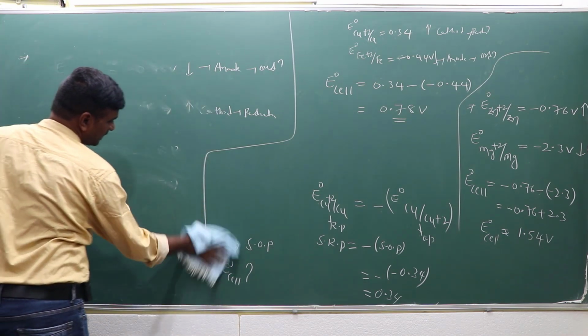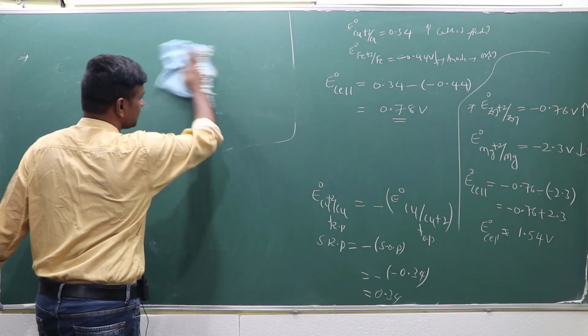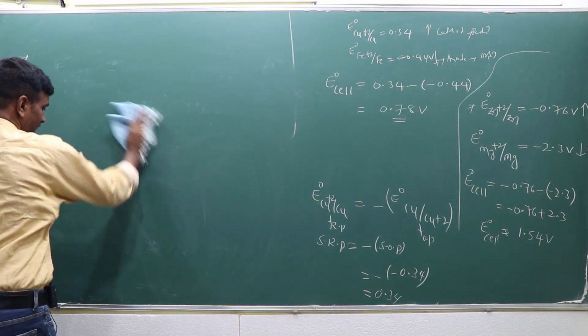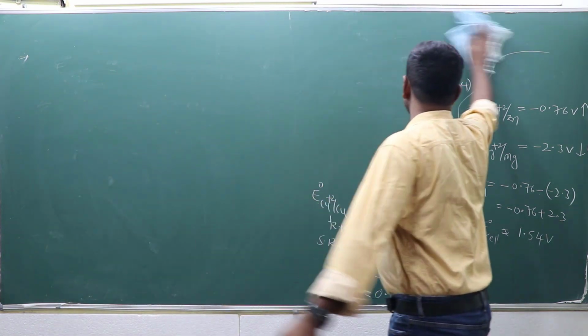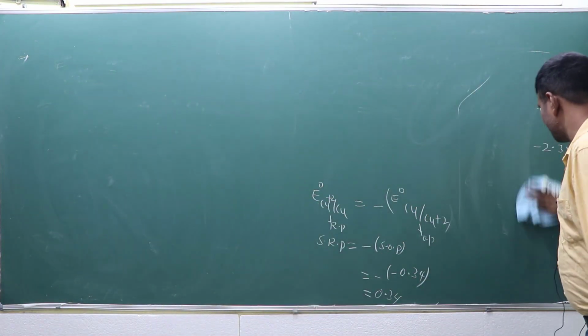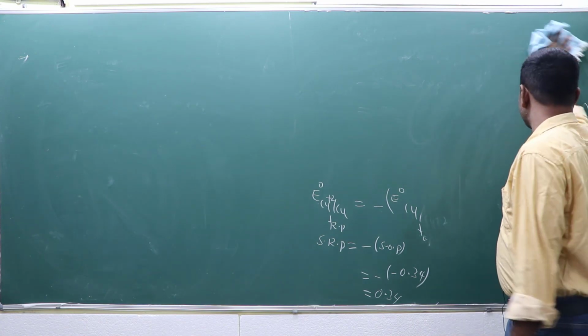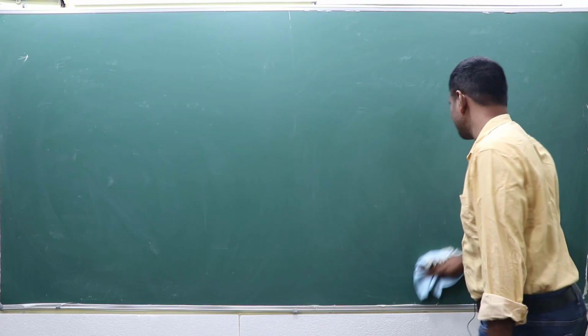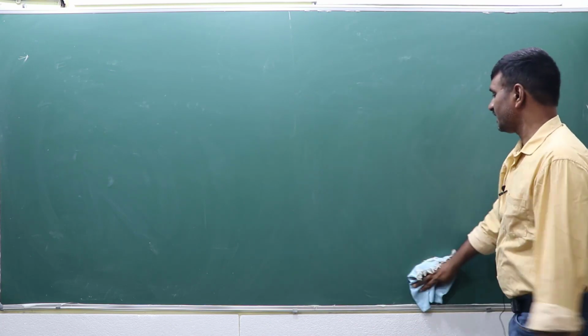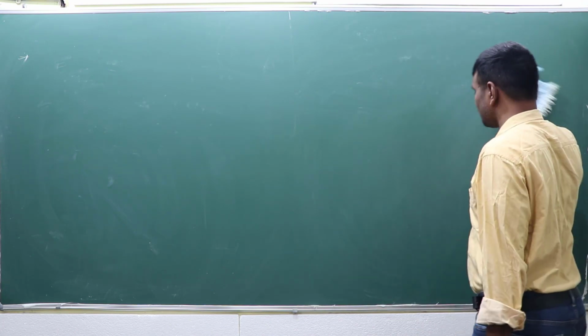Then apply higher reduction potential minus lower reduction potential, or E cathode minus E anode, or E right minus E left, because the reduction reaction takes place on the right side. In the cell notation, the oxidation reaction takes place on the left side, according to the salt bridge.